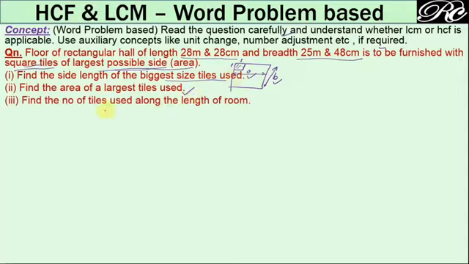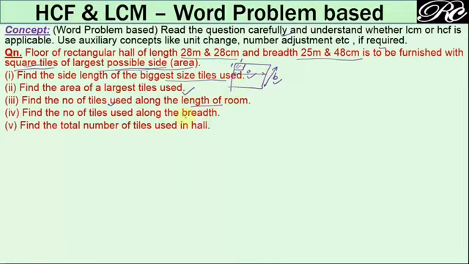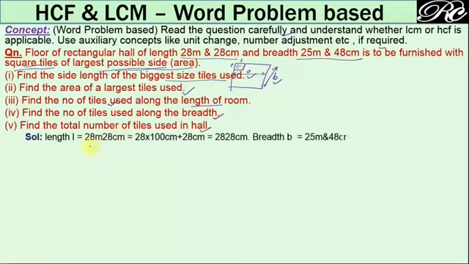Find the number of tiles that can be used along the length, means lengthwise, then the number of tiles used along the width, and find the total number of tiles used in the hall. Here the length is given as 28 meter and 28 centimeter. So it is two kinds of unit, one is meter and one is centimeter. So better to convert it into a single unit.